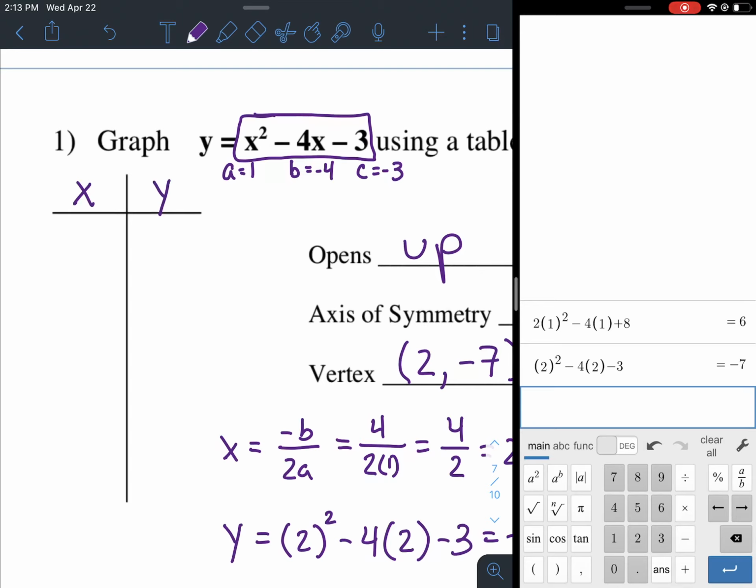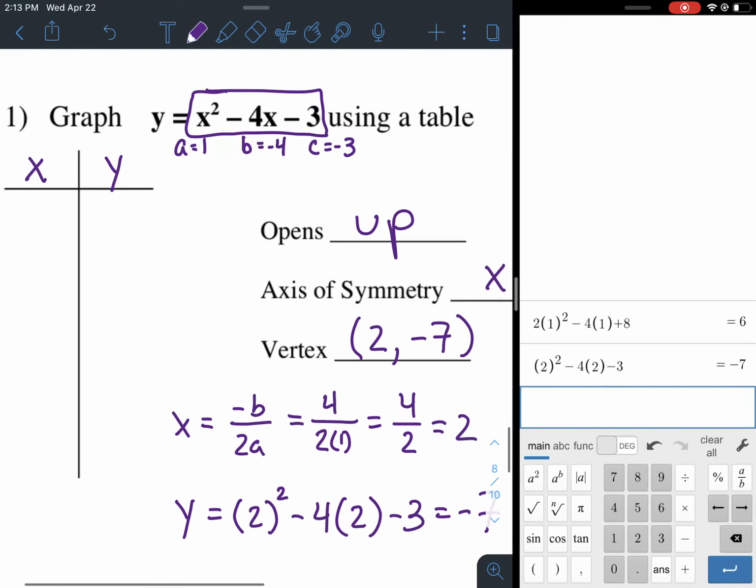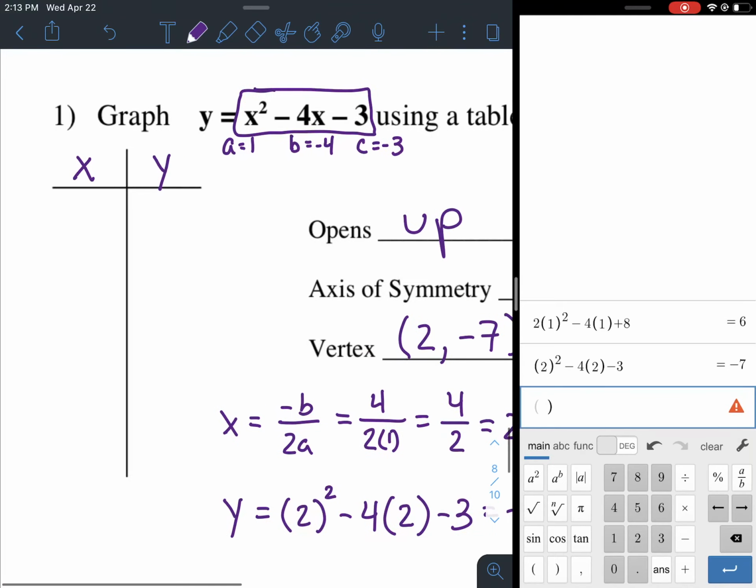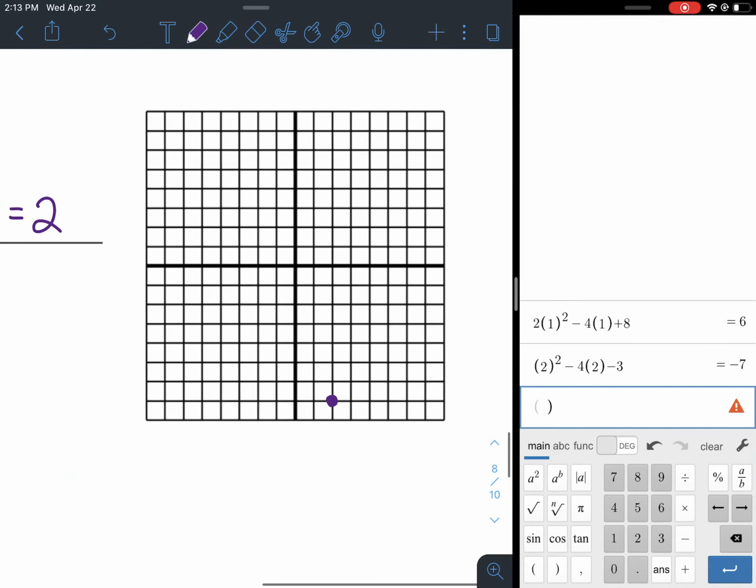Now, from here, what I'm going to start with is taking that vertex we found, this 2, negative 7, and I'm going to put that in the middle of my table. I'm going to put the 2 right there for the x, the negative 7 on the right side underneath y. The reason I put it in the middle is because this vertex is ultimately going to be in the middle of my graph.